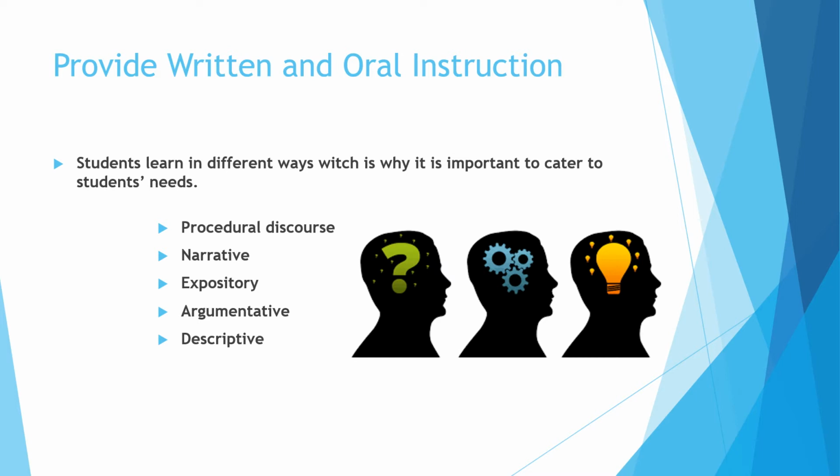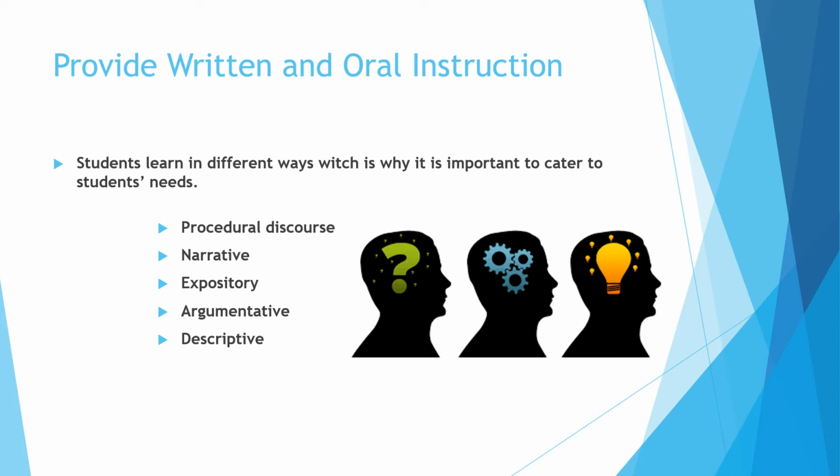When instructions are written on a handout, book, or worksheet, it is important for the teacher to read the directions aloud. And when the teacher is providing oral directions for an activity, he or she needs to write them on the board, an overhead, or a PowerPoint slide before giving them orally.